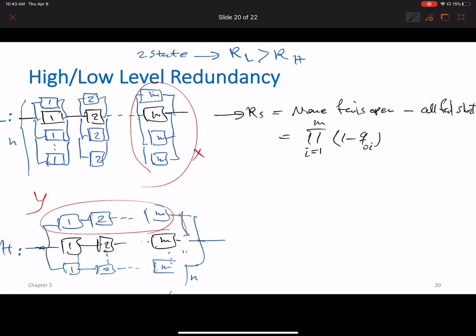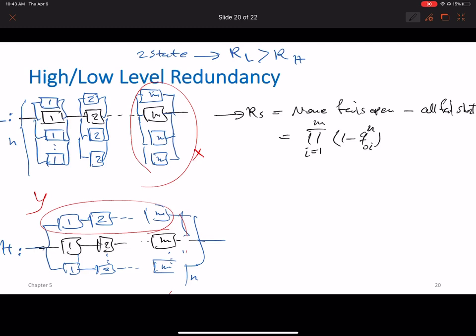So all of those should fail for that X part to fail open. So I'm going to multiply that N times, which means all of them should fail. And 1 minus that means that X will not fail open.